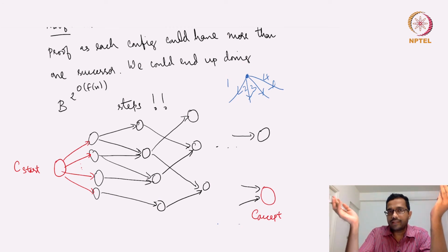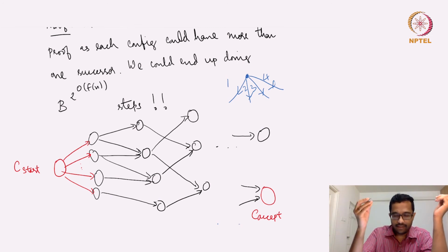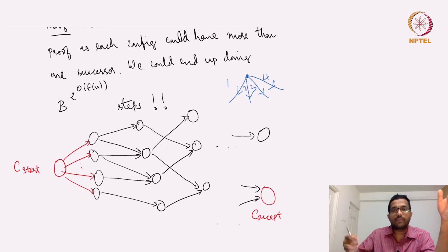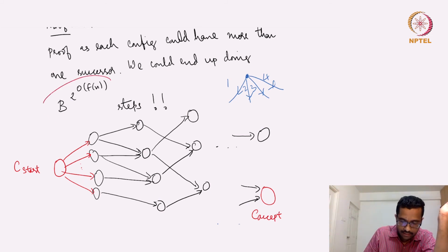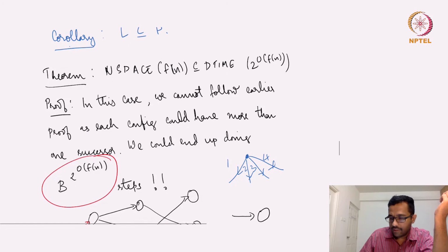So suppose the branching factor is b, right? For each configuration you could have b successor configurations. Then the total number of paths that we have to explore could be as large as b to the power 2 to the power order f(n), which is something humongous, right? This is not something that is desirable, and on our right hand side we just have 2 power order f(n), there is no b there.